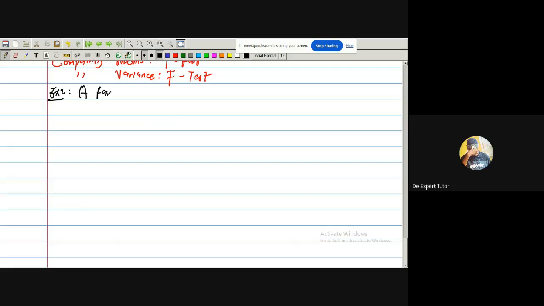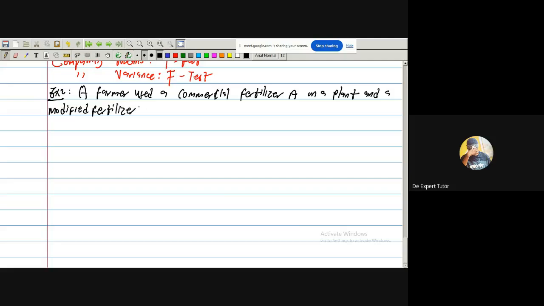A farmer used a commercial fertilizer A on a plot and a modified fertilizer B on an adjacent plot to plant the same variety of crop.